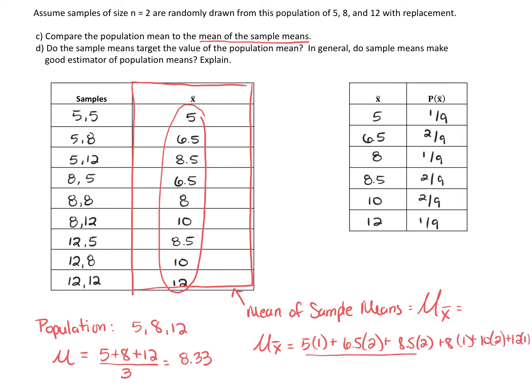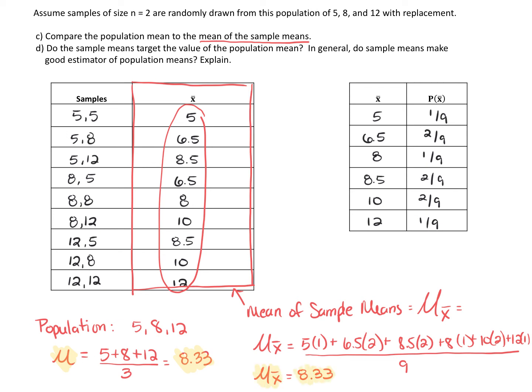And we divide all of that by 9, right? Hopefully you can follow along with me here and see that that also equals 8.33. So, whoa, it seems that the population mean is exactly the same as the mean of all the sample means.